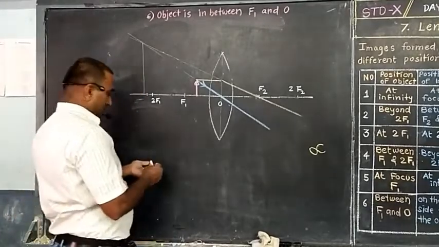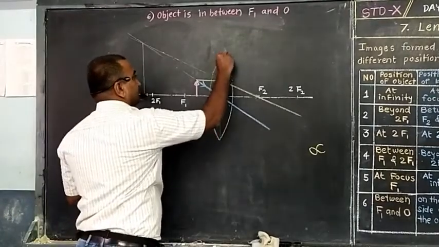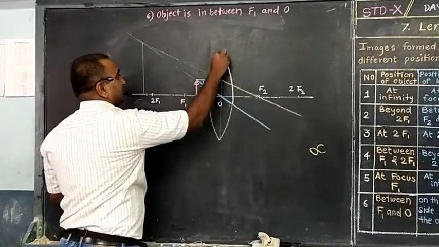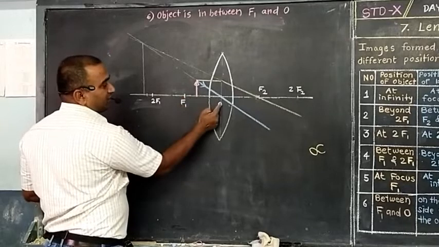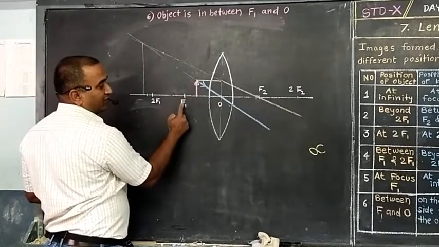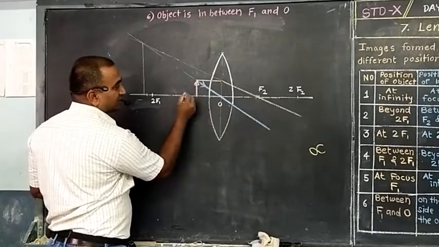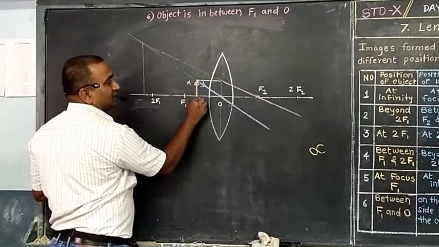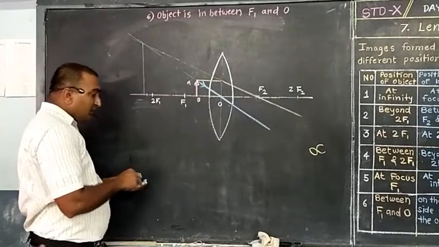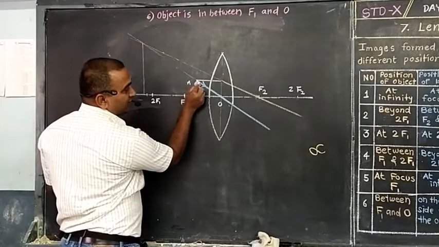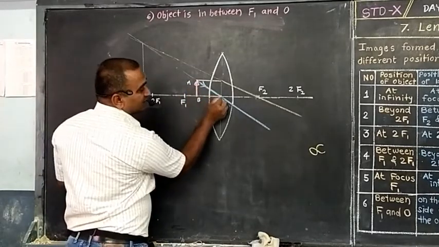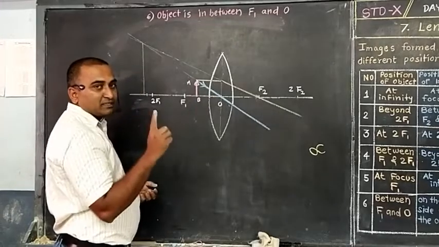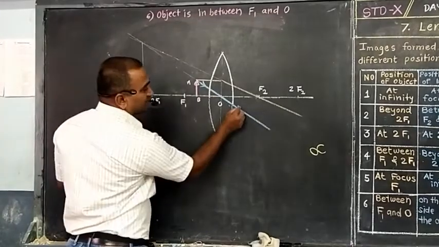See here, this one is a lens we have created here. This is the lens. Object we have kept in between the optical center and F1, or F1 and optical center. Object is placed here, A and B, that is the object. The first ray will pass through the optical center. As it is passing through the optical center, rule number 3, it will pass without deviation.